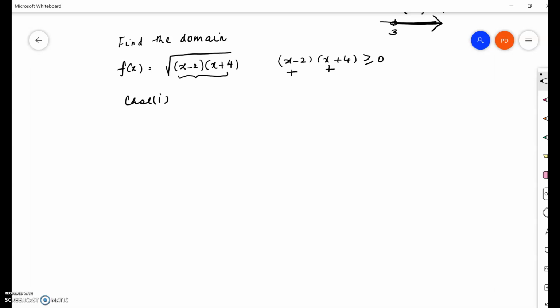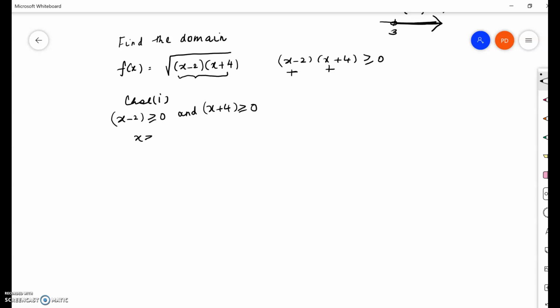The inside would be positive or 0 if each of the factors is greater than or equal to 0. So the first factor is greater than or equal to 0, and the second factor is greater than or equal to 0.